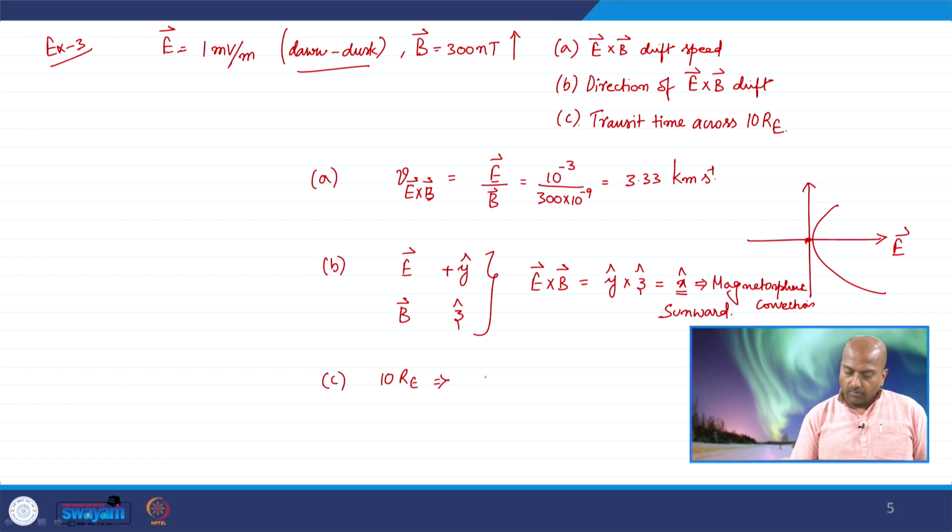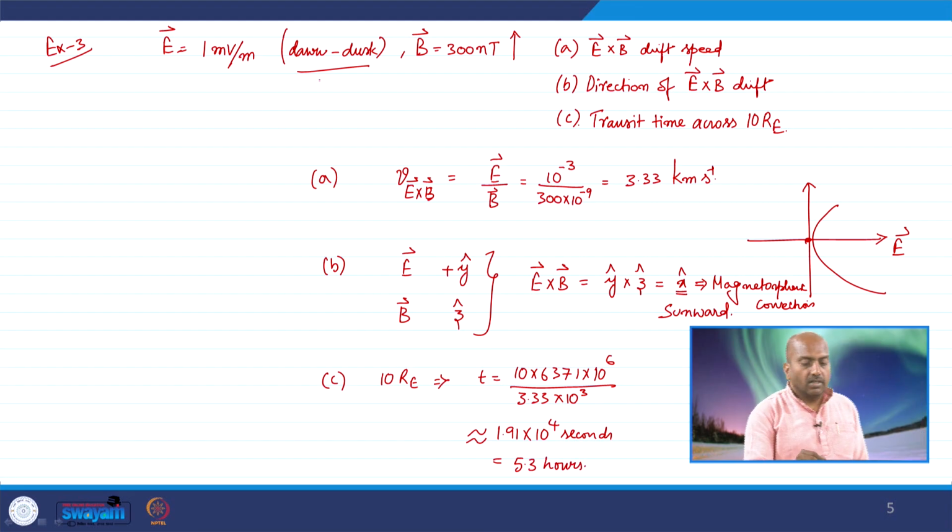Now, the transit time for 10 RE: S is equal to UT. So, at 10 RE, the time required is 10 times 6371 times 10 to the power of 6 divided by 3.33 times 10 to the power of 3, which will be approximately 1.91 times 10 to the power of 4 seconds, or 5.3 hours.